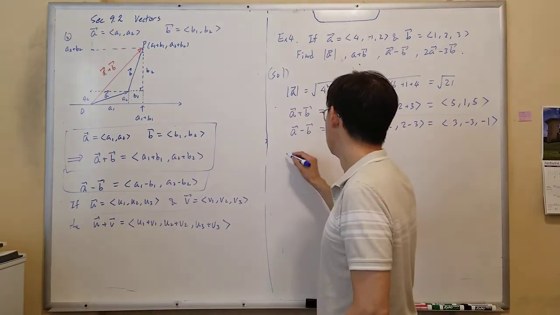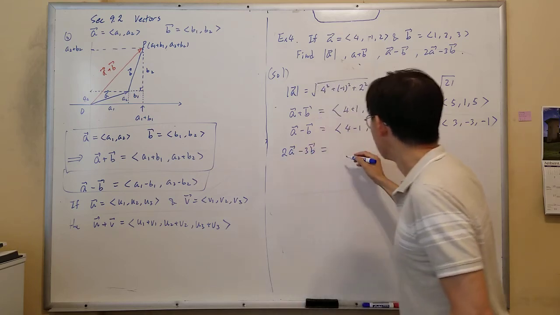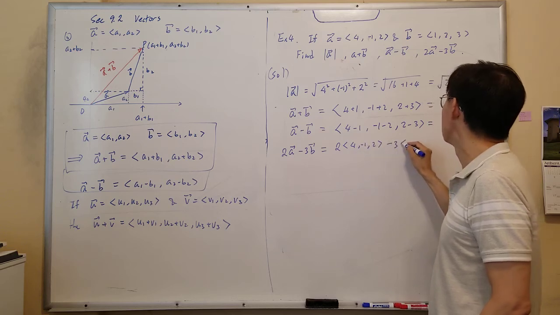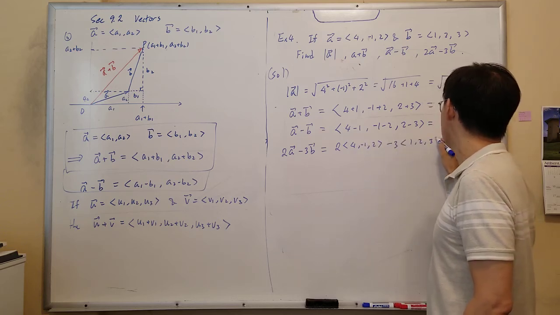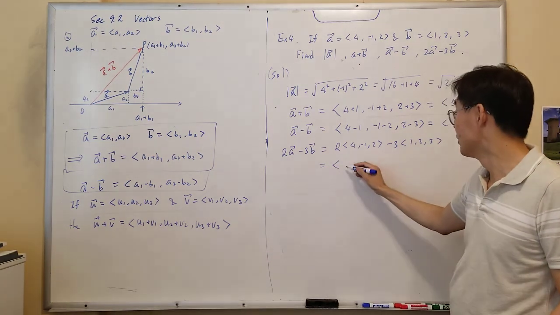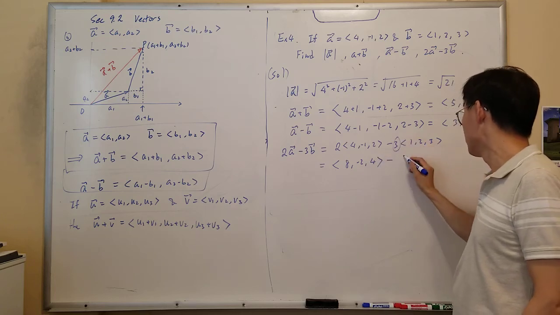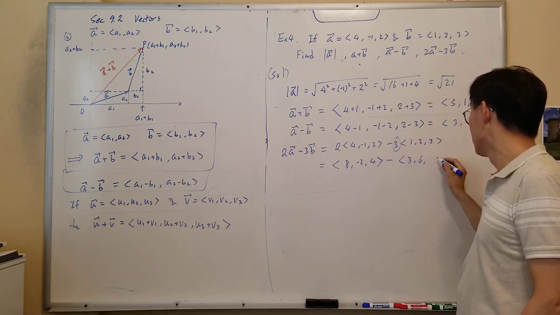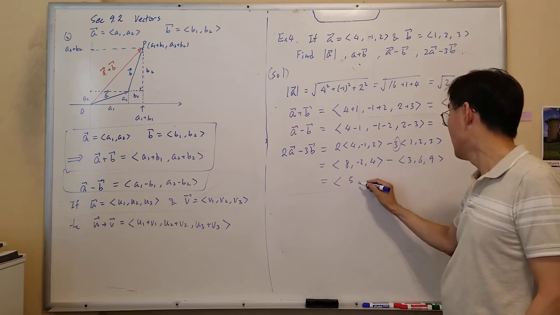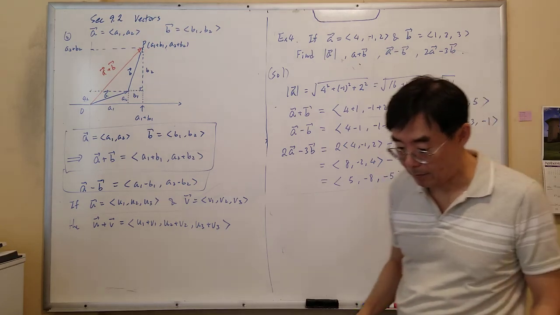Finally, 2A minus 3B. So 2 times (4, -1, 2) minus 3 times (1, 2, 3). Multiply by 2: (8, -2, 4). Minus 3 times this: (3, 6, 9). Now subtract: (5, -8, -5).